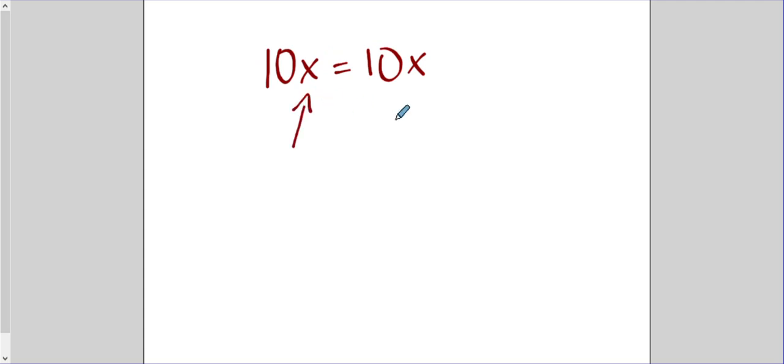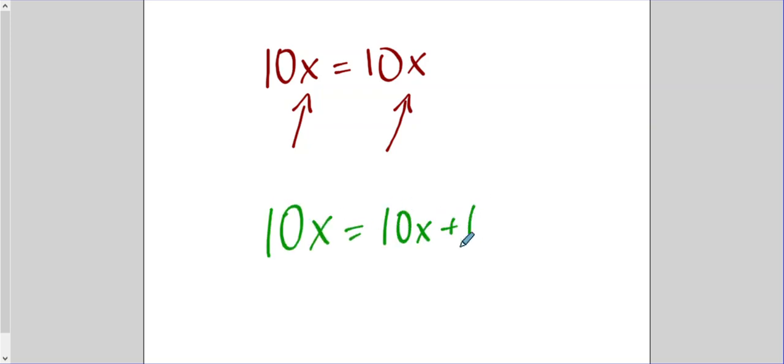No matter what I plug in here, it will always be the same as that. Whereas no solution means that no matter what I plug in here, this will never be equal to that side. This side would always be 1 greater than the left side.